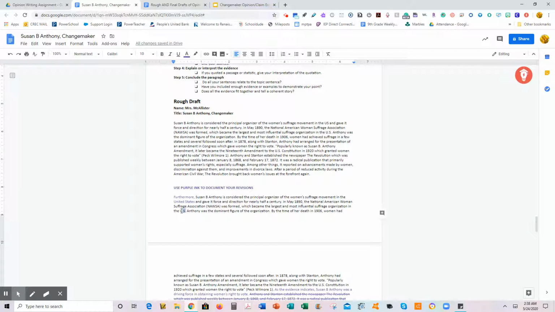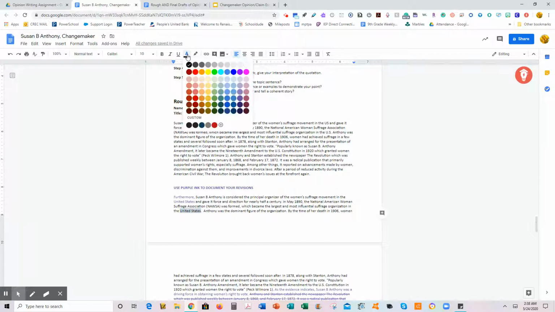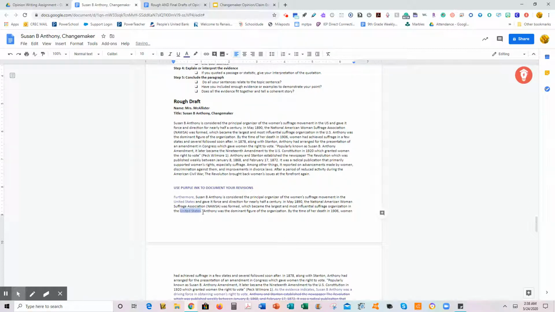Again, I'm going to make this not abbreviated, it's more formal. And then I'm going to add Susan B. Anthony was the dominant figure of the organization. By the time of her death, women had achieved suffrage in a few states and several soon after.